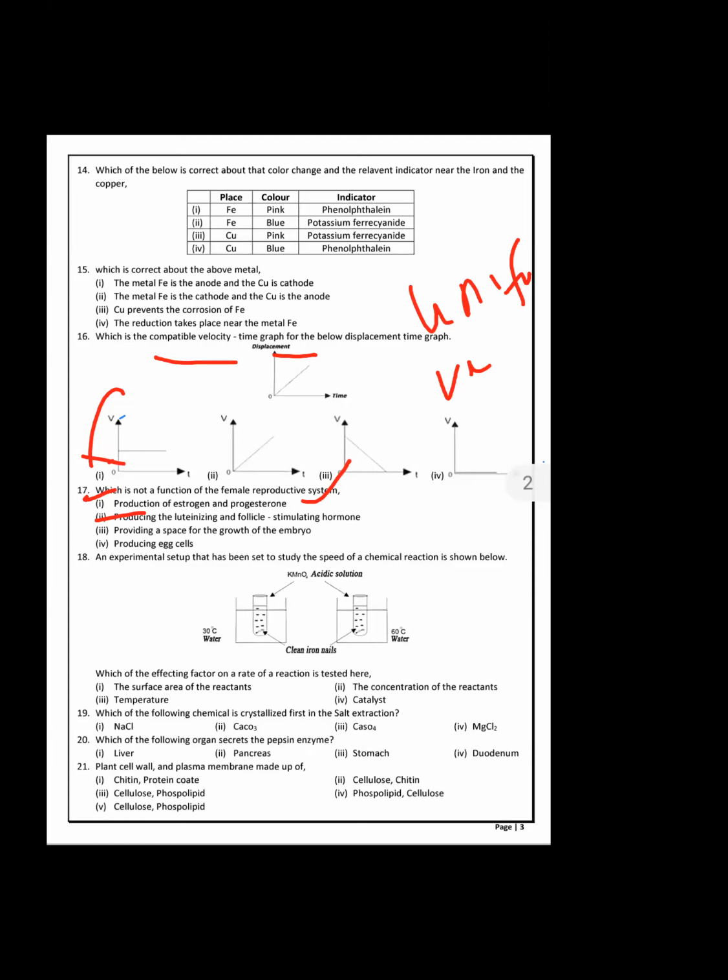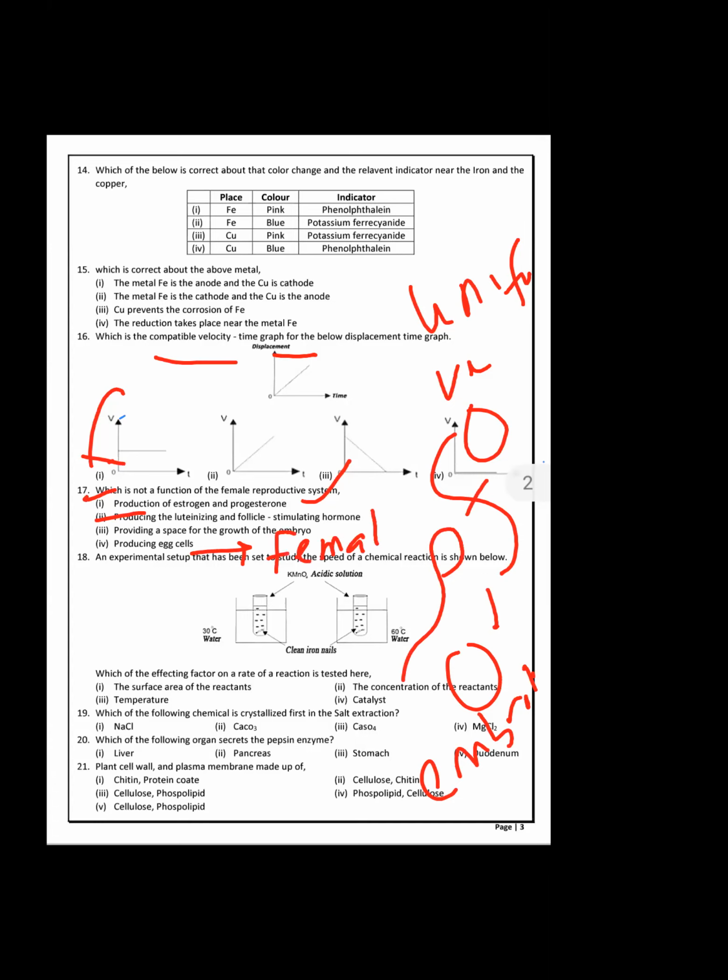Providing sperm for the growth of embryo. When we consider sperm and the egg, they cross and then become an embryo. Okay, so keep that in mind. Producing egg cells is a female reproductive system function. Providing space for the growth of the embryo is also female.